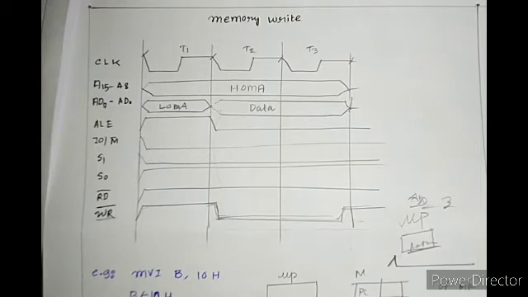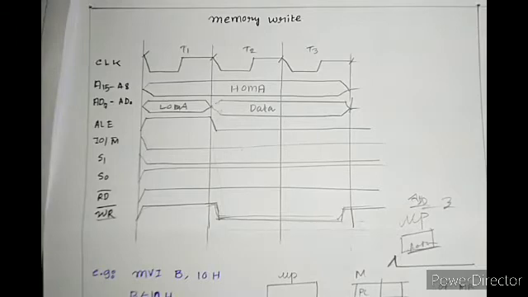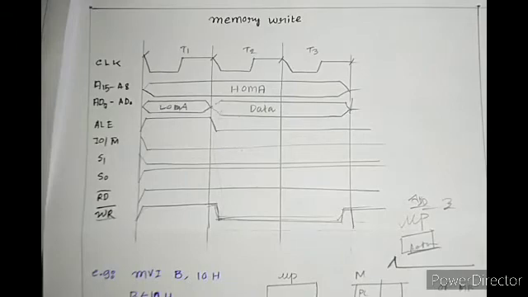So opcode fetch, memory read and memory write, I've taught you these three. I hope the remaining two you will learn yourself, because it's already discussed. Now the only difference in IO read and IO write is that a memory address is 16-bit, but in IO it is an 8-bit address.